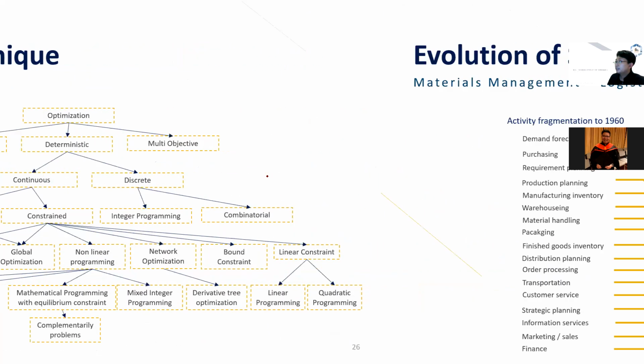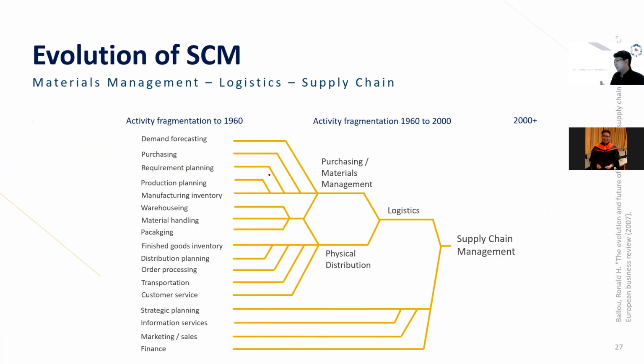Okay, next. Since I talk about the applications of the optimization technique in supply chain management, I may want to show you a little bit of the history, or how the terminology of supply chain management came into place, so that you can grasp what kind of area we can apply the optimization inside of this supply chain topic.